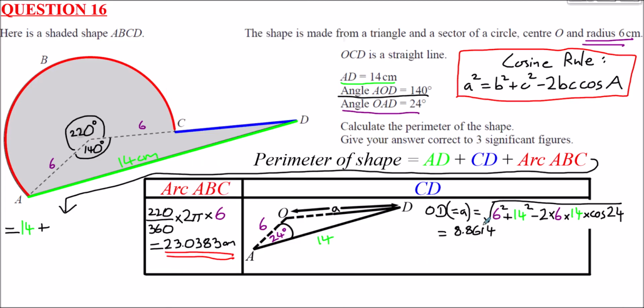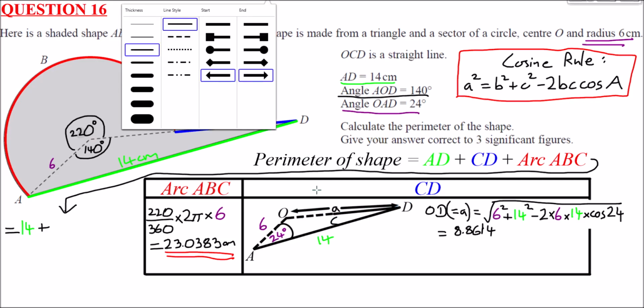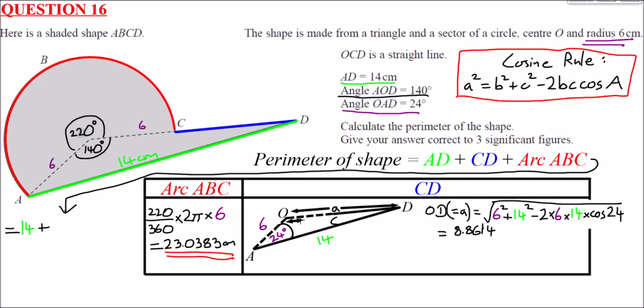Okay. However, we don't actually want to work out the whole of OD. We want to work out just CD. So CD is from here to there, okay, and from O to C is a radius. So OC, which is the radius, from O to C is just 6.